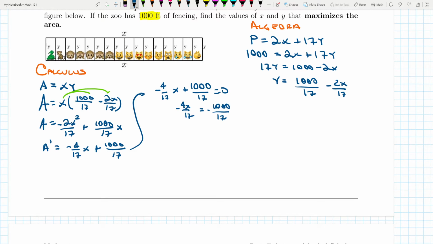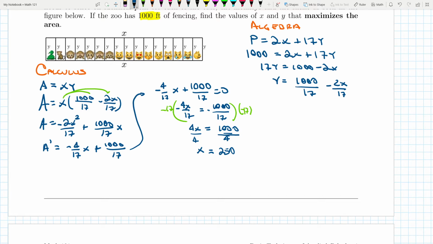And let's multiply both sides by negative 17 to get rid of the ugly looking fractions. That's going to give us 4x equals 1000, and dividing both sides by 4, we get x equals 250. All right, 250.